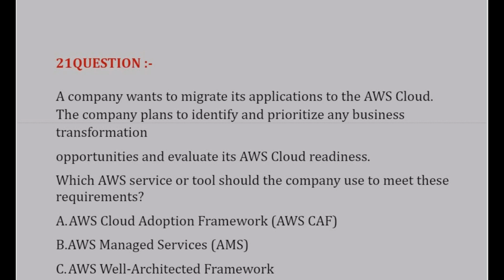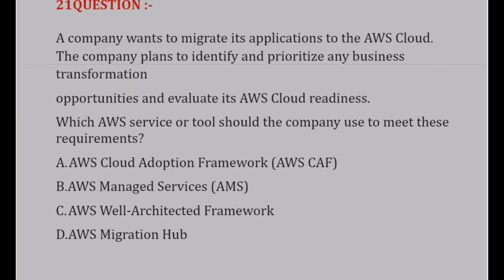Question is, a company wants to migrate its applications to the AWS cloud. The company plans to identify and prioritize any business transformation opportunities and evaluate its AWS cloud readiness. Which AWS service or tool should the company use to meet these requirements?